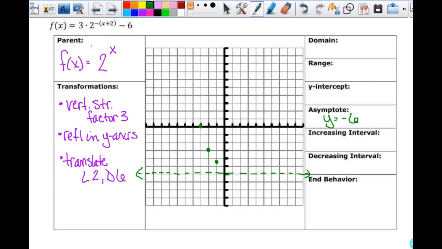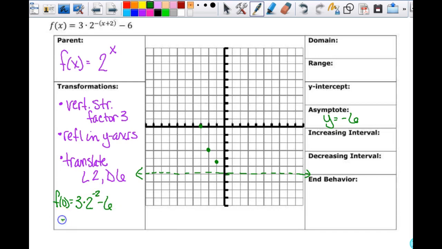Okay, so now the only point that I'm missing on here is my y-intercept, so I need to find that out, which means I need to find f of 0. It's going to be equal to 3 times 2 to the 0. If x is 0, then that's going to give me the negative 2 power minus 6.